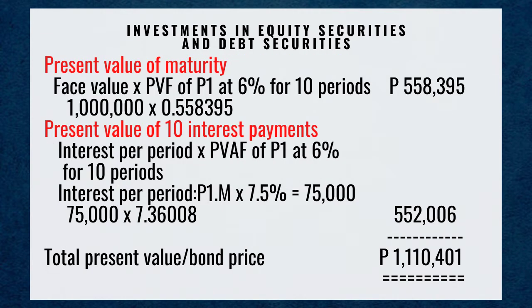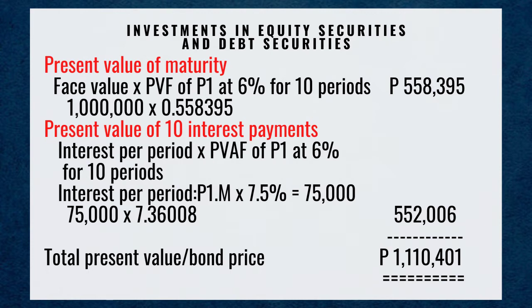Present value of maturity value: face value times PVF of 1 peso at 6% for 10 periods. 1 million pesos times 0.558395 equals 558,395 pesos.